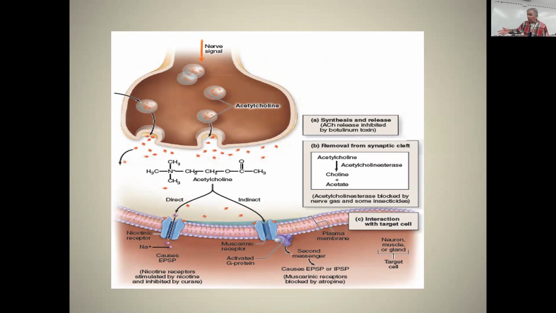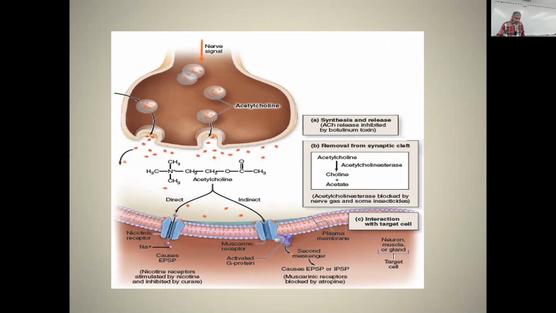In acetylcholine, there's two types: nicotinic and muscarinic. Nicotinic is direct effect. Acetylcholine binds to a nicotinic receptor. It's called nicotinic because it's stimulated by nicotine and also curare. And sodium ion channels are open, and sodium rushes in and causes an EPSP.